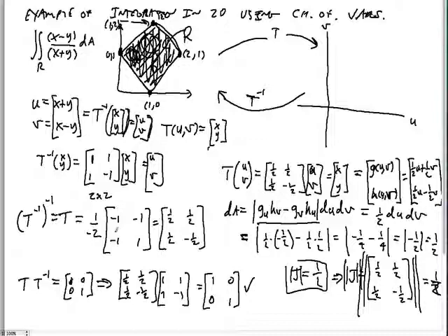What we need to do now is figure out what shape gets mapped over here. The best way to do it is to pick a few points and see where they go. I'm going to start with the first point, 0, 1.